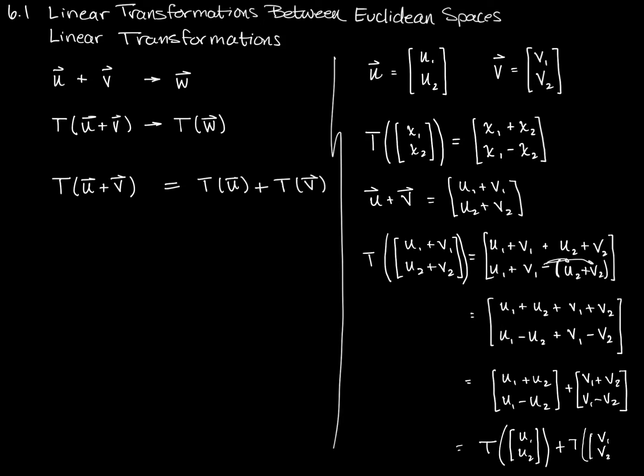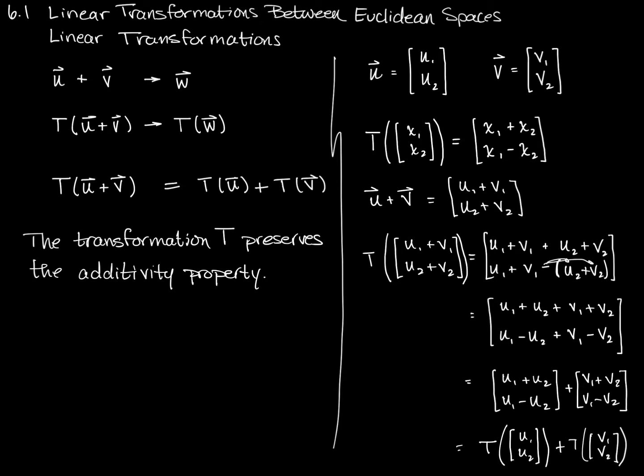And because adding the vectors together first and then transforming the result is equal to the sum of the individually transformed vectors, because those two things are equal, I can say that this transformation preserves the additive property.